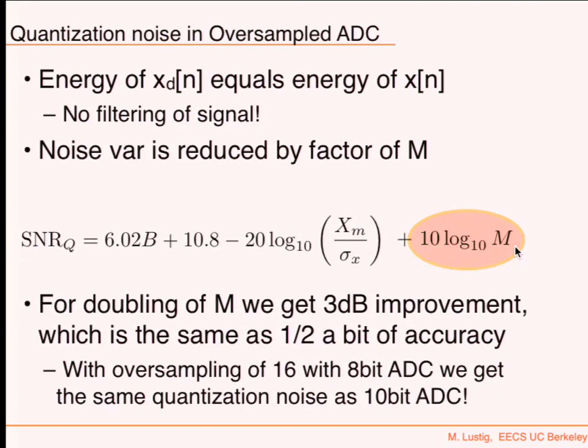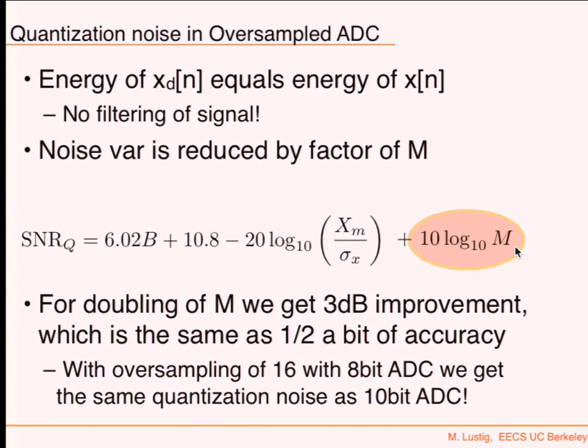Every time I double the sampling rate, 3 dB improvement. So 4 times, I get an extra bit. Okay? Every time I oversample by a factor of 4, I get the equivalent quantization error as if I added another bit. Okay?